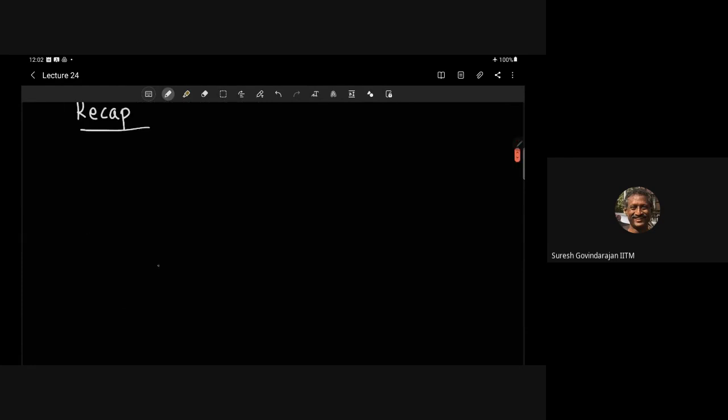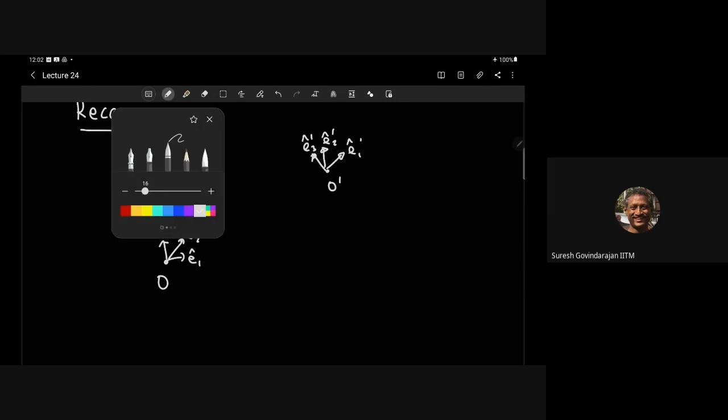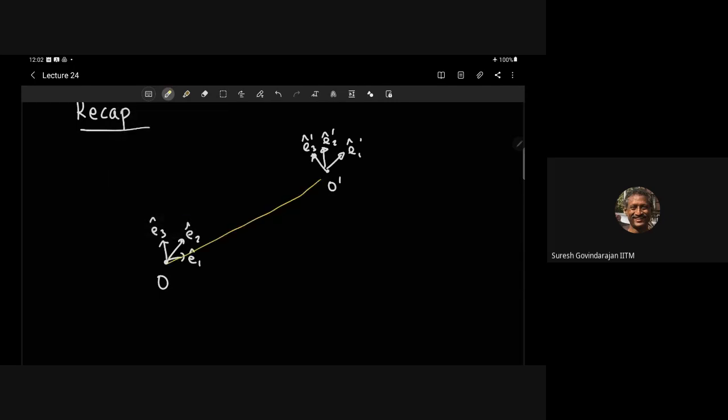We had this setup where we had one set of coordinates, a frame rather, and yet another one, O prime, with its own, and there's a separation, this was this R vector.